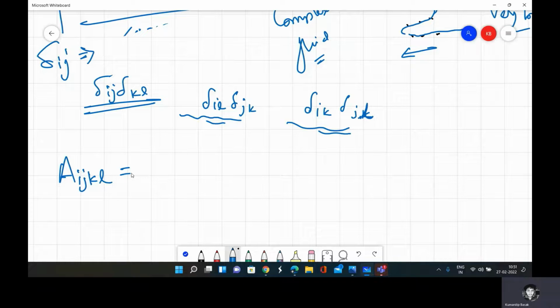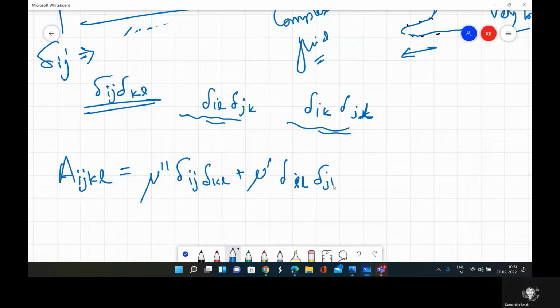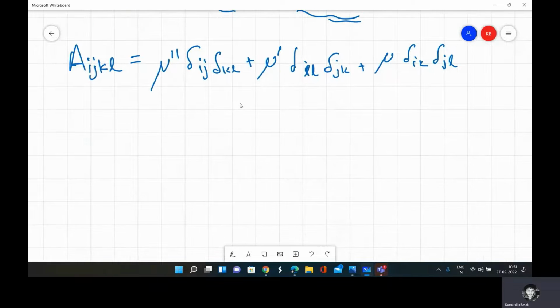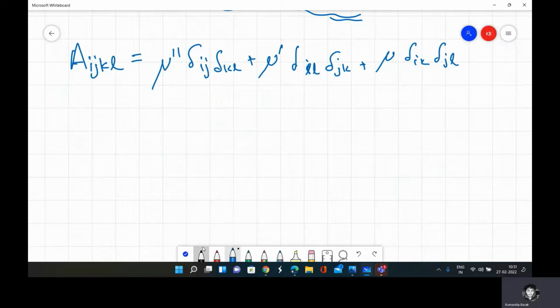If we take the linear combination of all, it will again become an isotropic tensor. Here the coefficients are constants because we are taking a linear combination. So we have written Aijkl as a linear combination of all possible fourth order isotropic tensors.